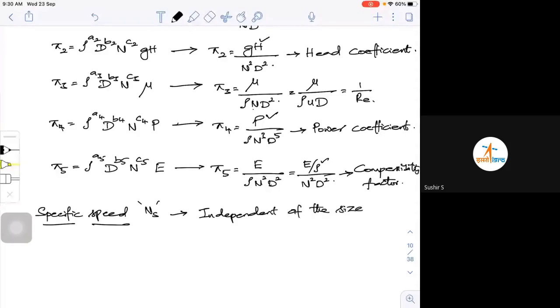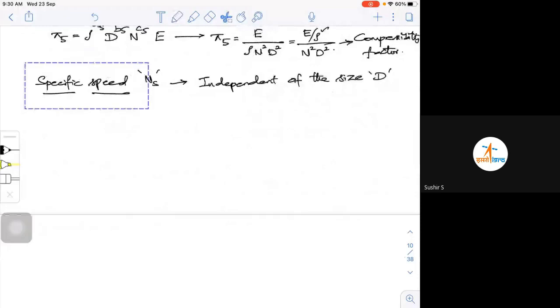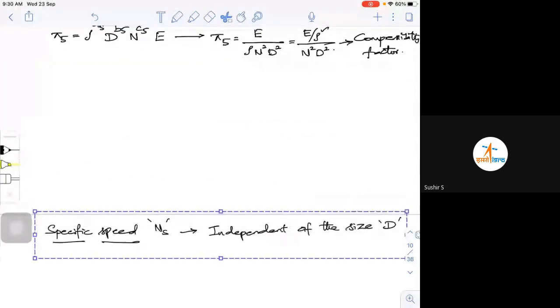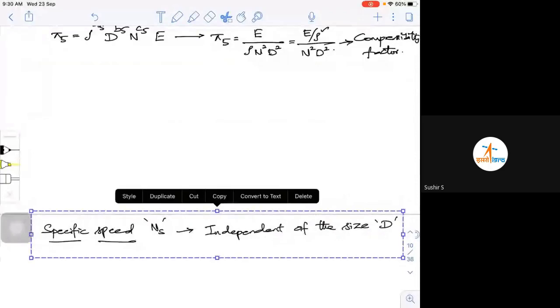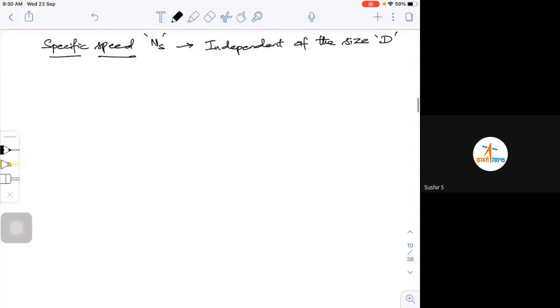Size we go with D. So now we have this NS, which is very significant. I can get the specific speed for a turbine, and I can derive specific speed for maybe a compressor or a pump, whatever.